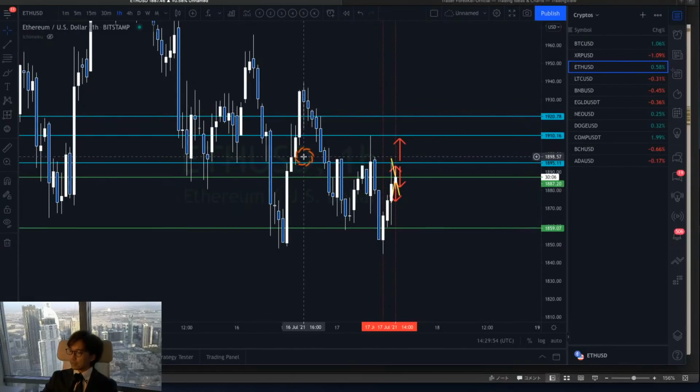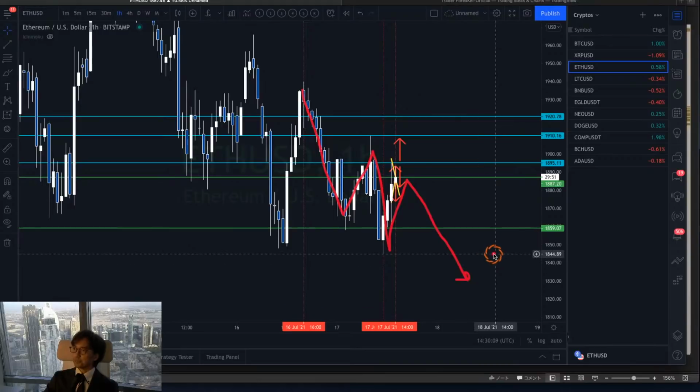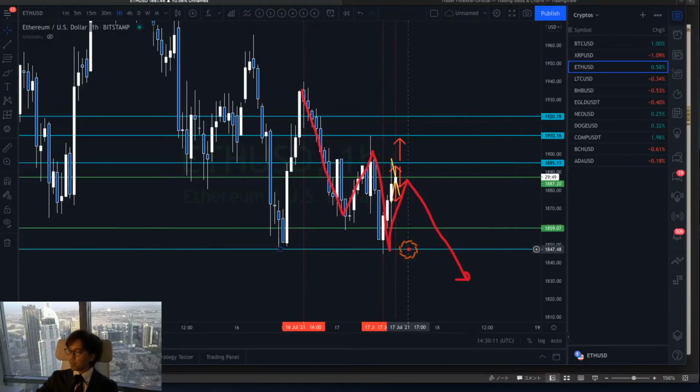From here, on the 16th of July, 4 p.m. in UTC, it's been bearish in wave. So I would say that this is bearish and going down this way. It might break the support at 1847.48 and go down this way.